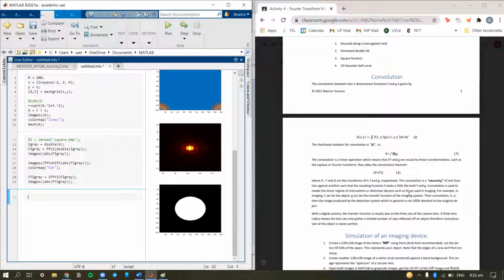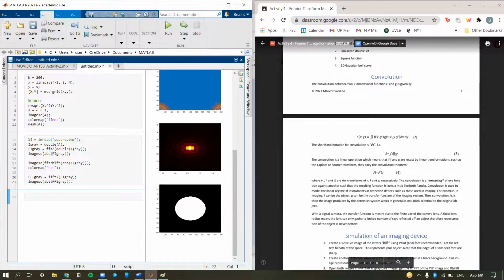Sige, te. By the way, Bea, alam mo ba kung paano, hindi mo na kailangan i-run lahat, kahit line per line lang, pwede mong i-run? I know pa per section. Pwede din. Sige. Could you kindly read the NIP image dyan sa section na yan?